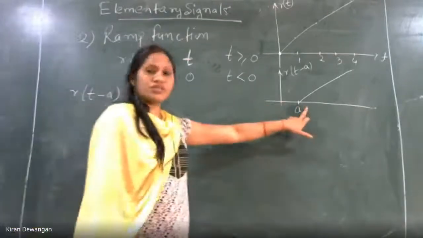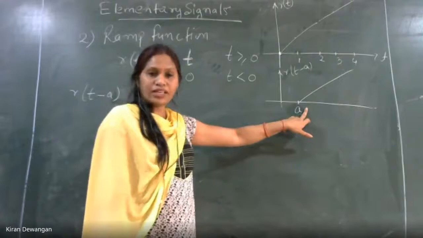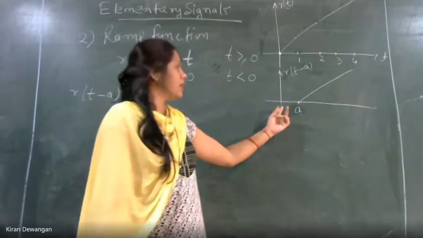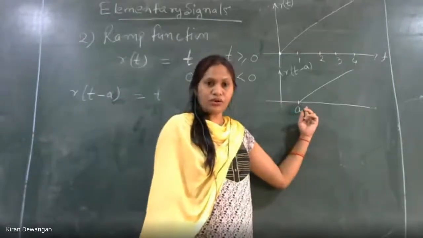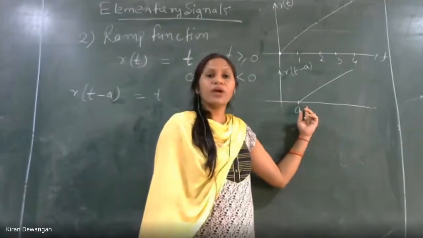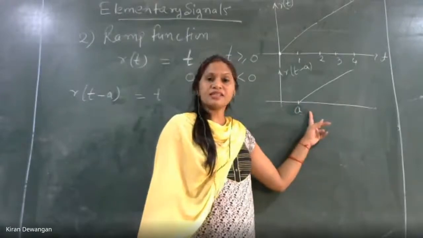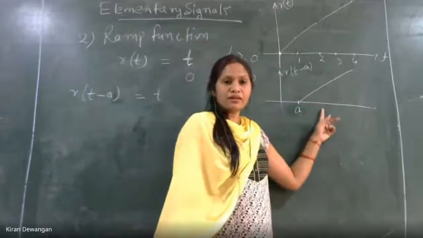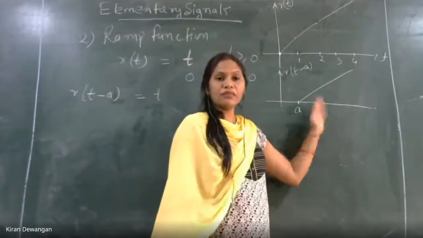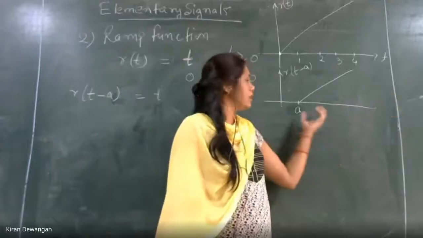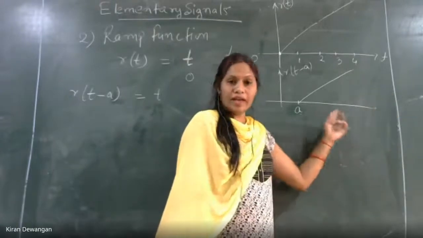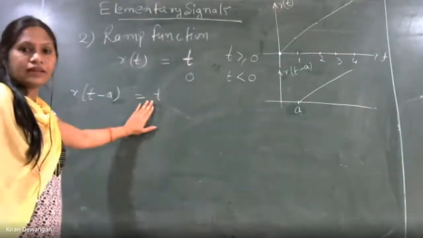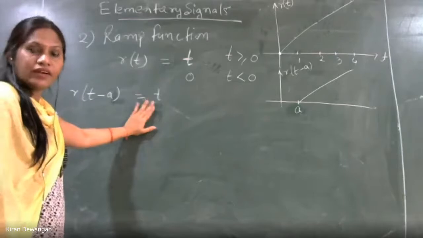At t equals 0, what is it? At t equals 0, it is 0 here, you don't have any value, right? What is that? It is again 0 at a. When t is a, it is 0. Okay? It is 1 when it is increasing, meaning 1, 2, 3, 4 will keep coming according to the value of a plus whatever. So how will we define it here? Just tell me how will we define?